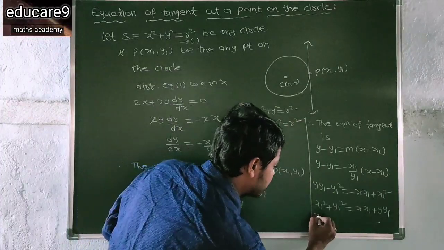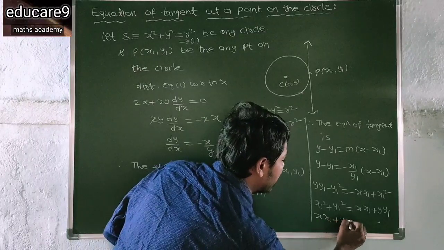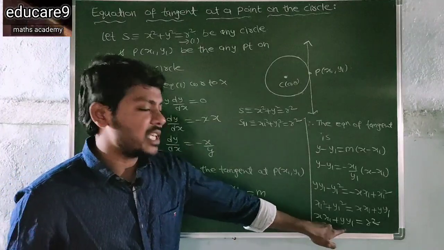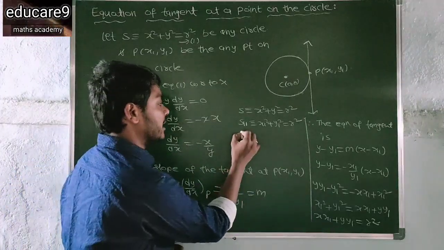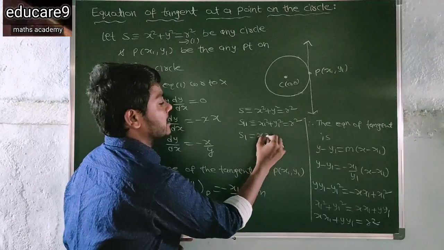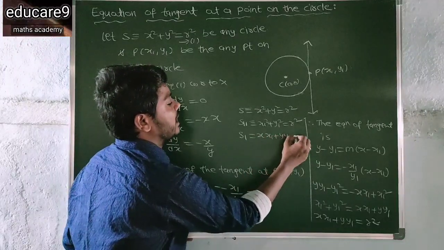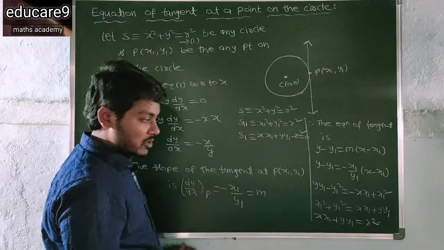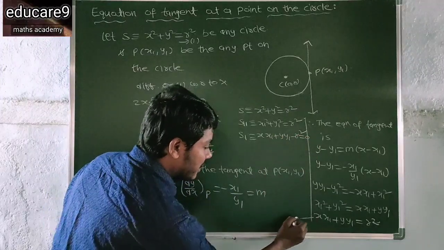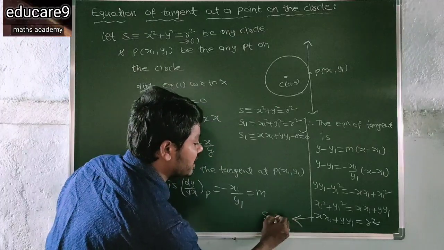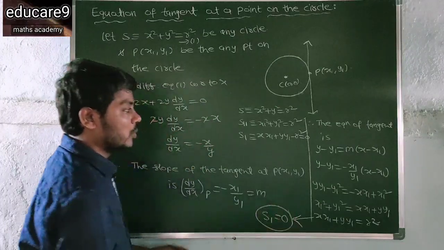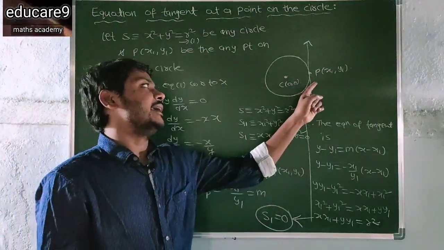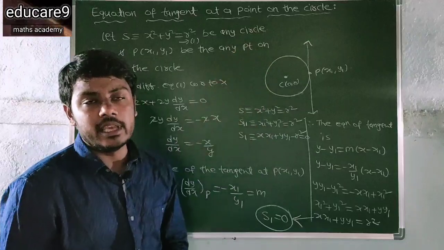So this can be written as x x1 plus y y1 is equal to r square. That is, S1 is x x1 plus y y1 minus r square is equal to 0. So clearly this can be written as S1 equals 0. So this is the equation of the tangent at point (x1, y1) on the circle.